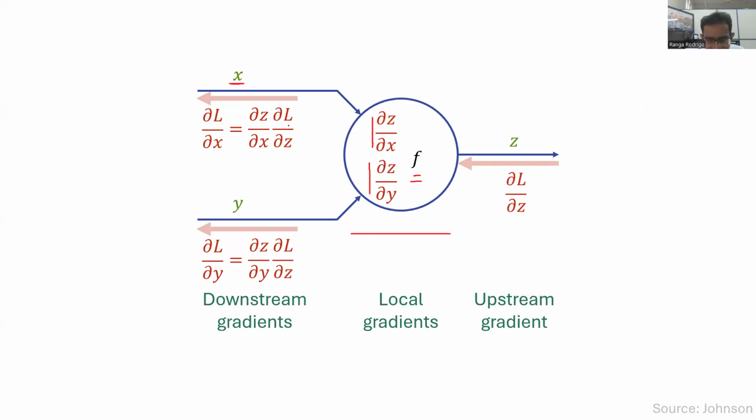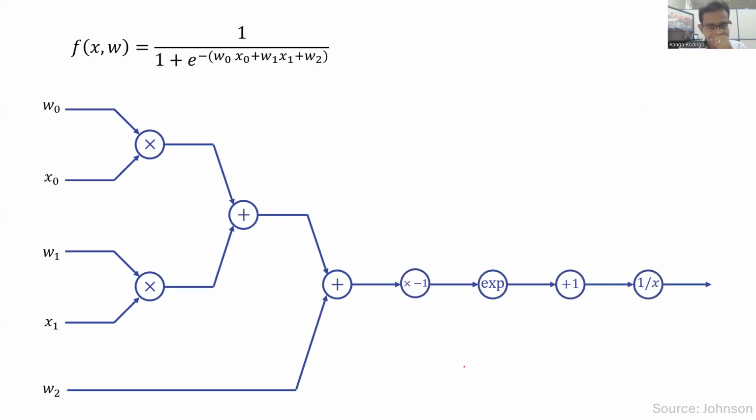So we call this the upstream gradient, we call this the local gradient, and we call this the downstream gradient. So to compute the downstream gradient, we multiply the upstream gradient with the local gradients. That's how you backpropagate the gradients. So here is another example where we can do this.